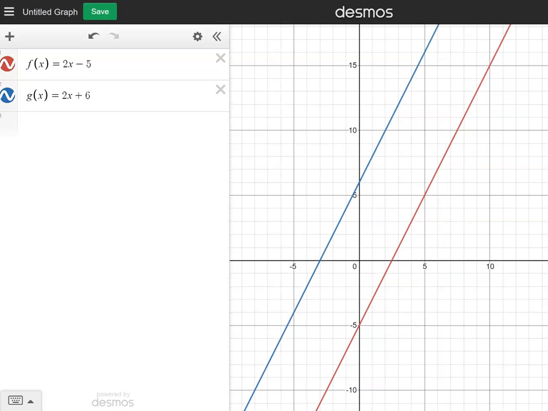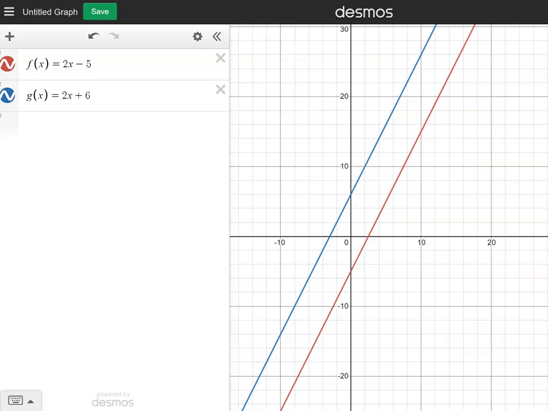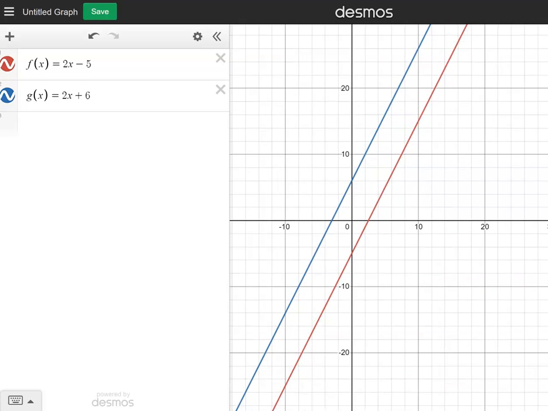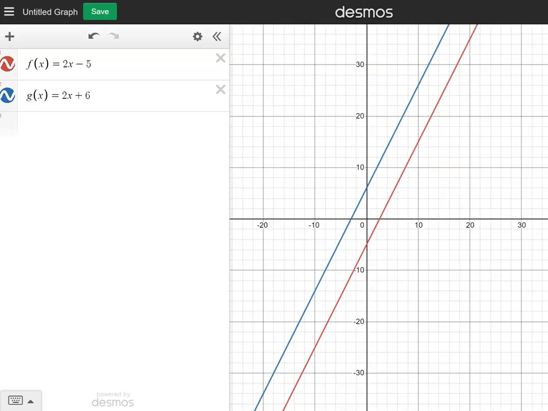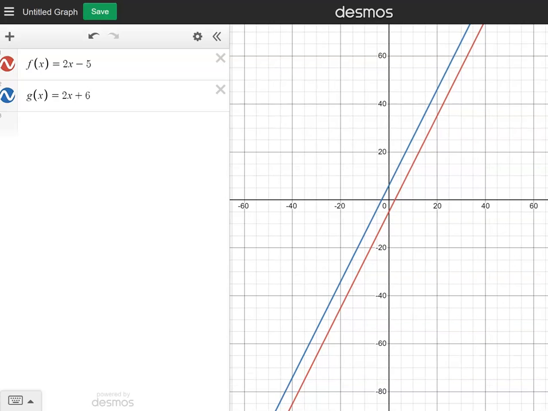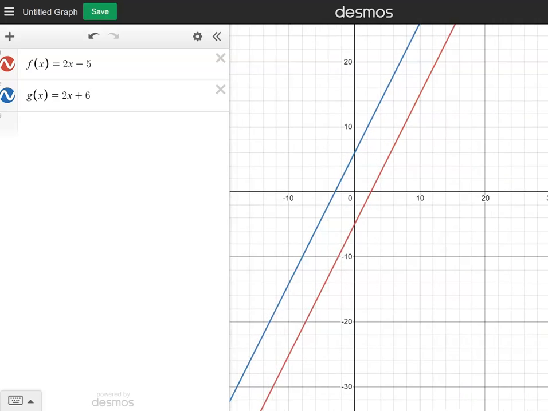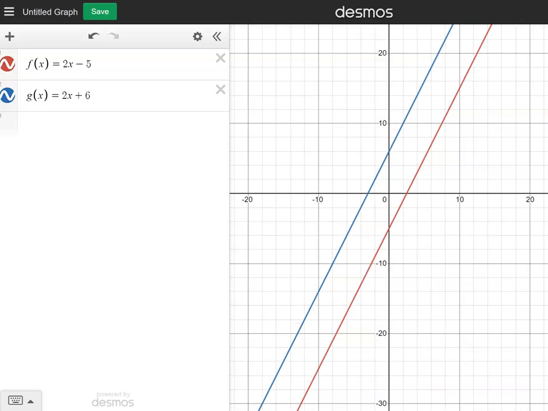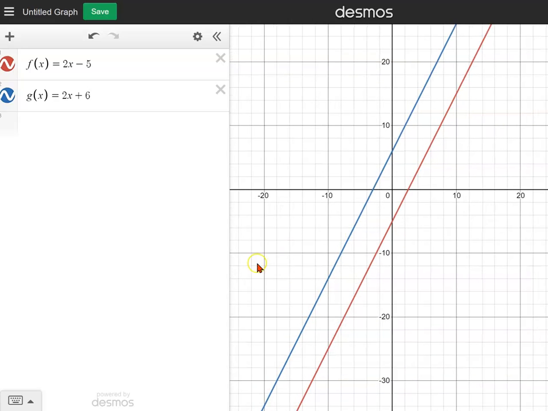Even if you zoom in, zoom out here, as you can see, the two lines do not intersect. You agree? What do you call these two lines that do not intersect? Yes, they are parallel lines.